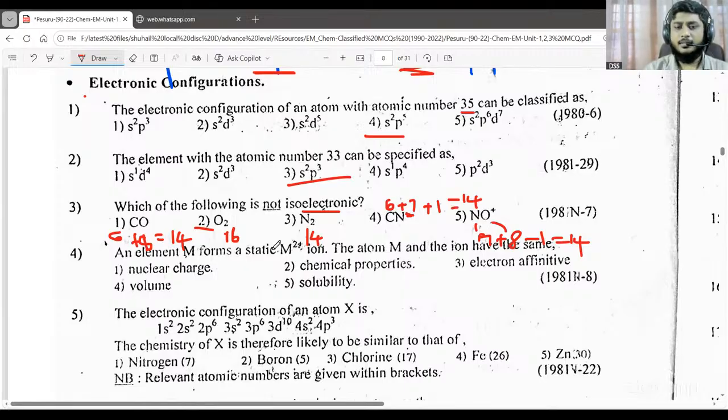Definitely not the number of electrons, because M2+ has lost 2 electrons. If the electrons were the same, their chemical properties would be the same. Then what is the same? Nuclear charge. Nuclear charge only is the same, because nuclear charge depends on the number of protons, and the number of protons won't change because of the ion.